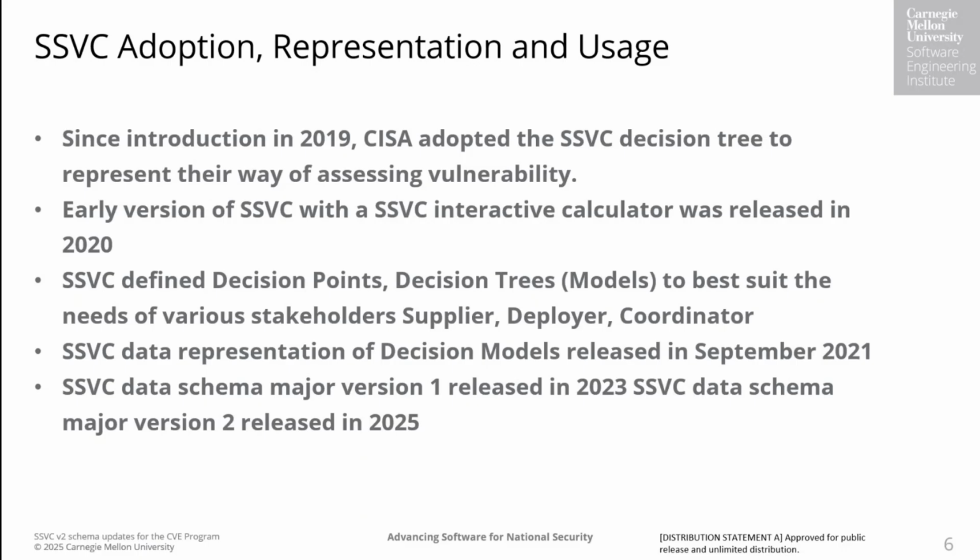Each of these outcomes is distinct for each of the stakeholders. The big buckets of stakeholders are suppliers, people who produce software; deployers, who have to install something, a patch or whatever; and coordinators, who bring suppliers and researchers together so they can have a common understanding of a vulnerability and then release it.